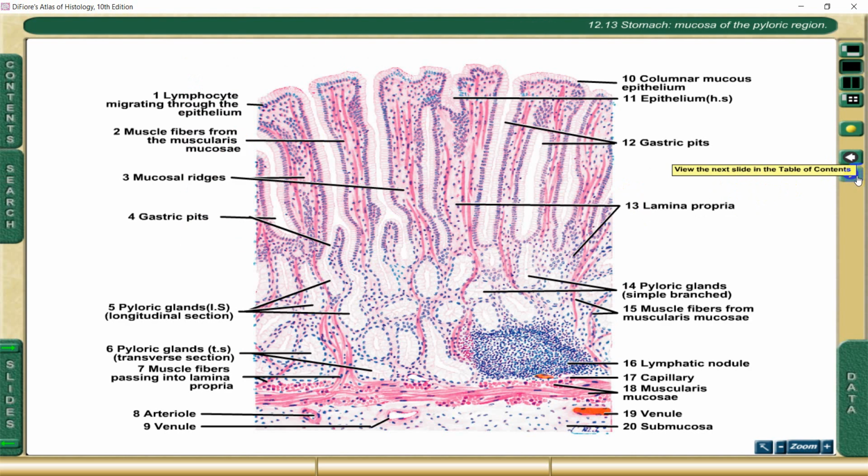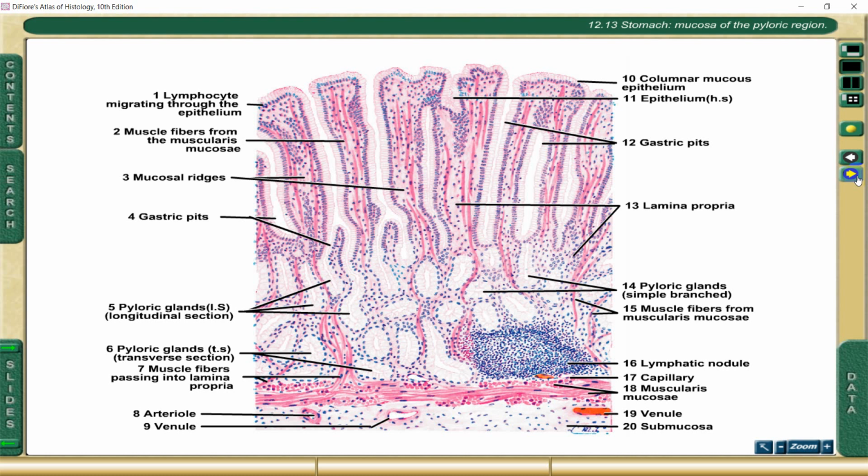This slide from the last region of the stomach, the pyloric region, shows the type of the epithelium, simple columnar epithelium with the surface lining cell. The pyloric region has the deep gastric pit into which the branched tubular pyloric gland opens, compared with the gland in the cardiac region.